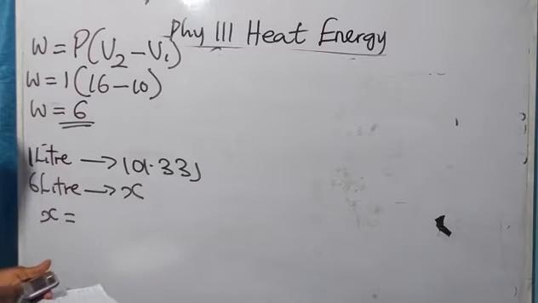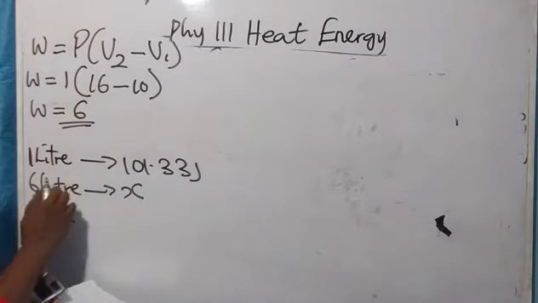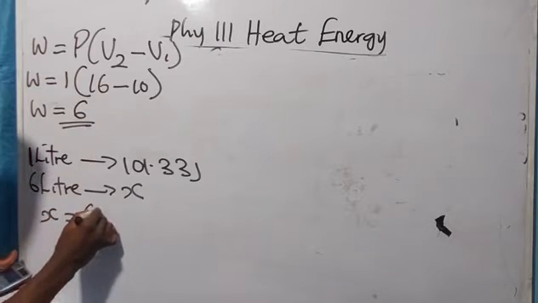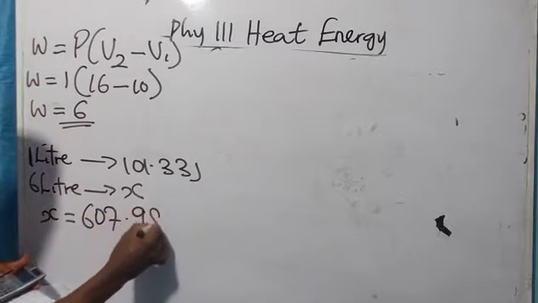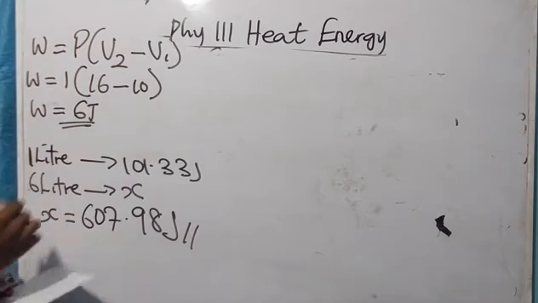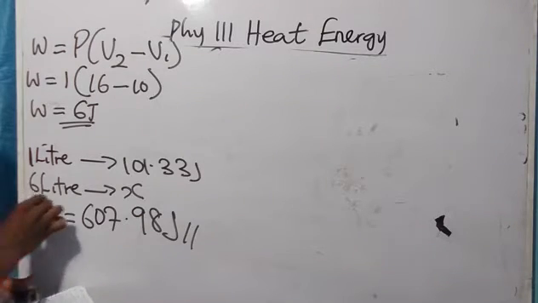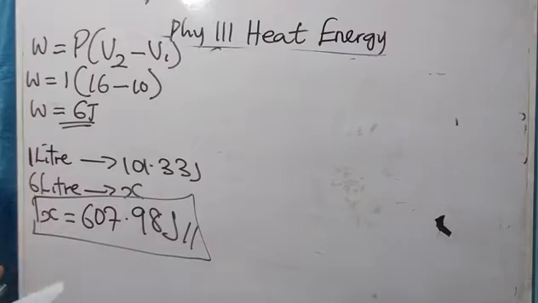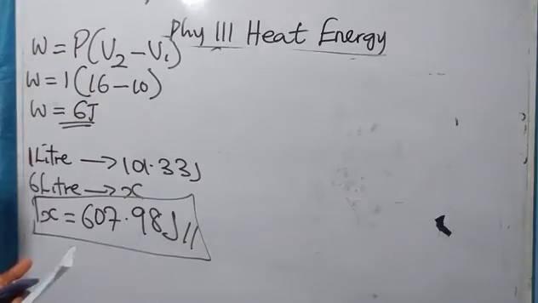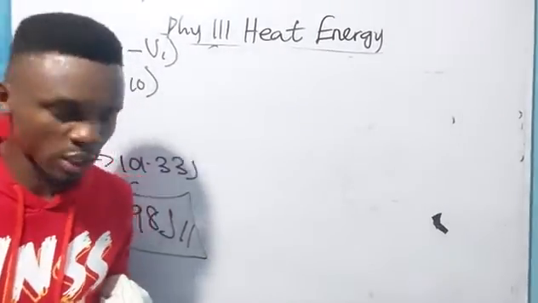So 6 times 101.33 equals 607.98 joules. Okay, the final work done is this. Since they said we should take 1 liter to be 101.33 joules, that is for that.